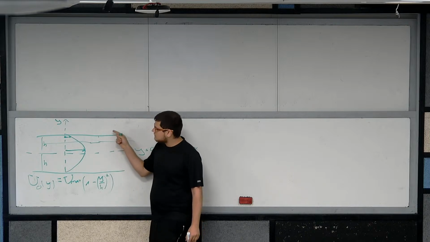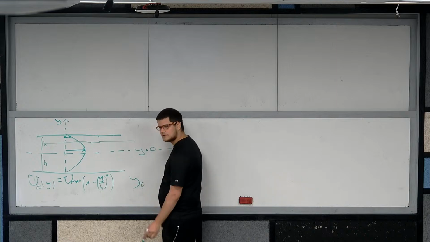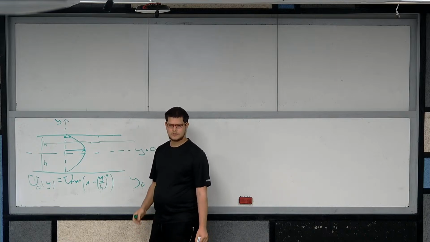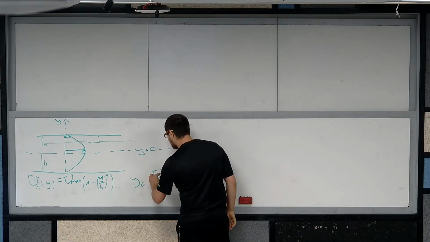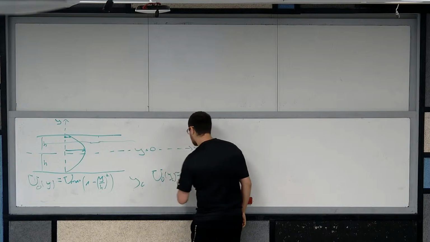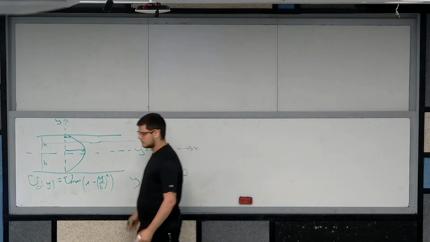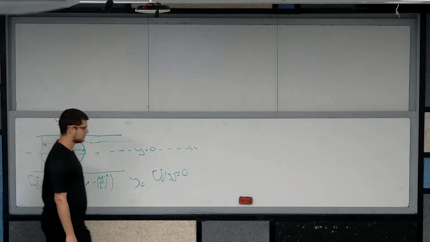That is not exactly at y equal h, but let's call it around yc. So for yc, u0 of yc is pretty much equal to 0, but you get the idea. Okay, that's the picture of the physical problem.